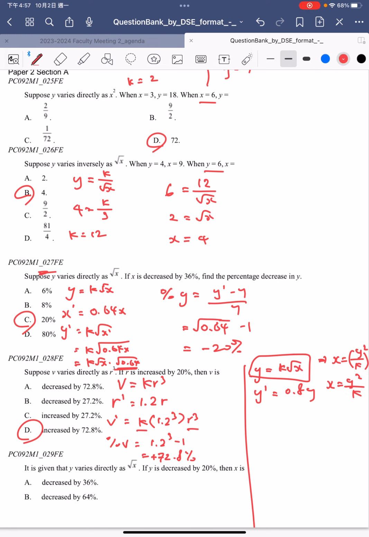The new x is equal to the new y squared divided by k, which is equal to 0.8 squared y squared over k. The y squared over k is a common factor, so the percentage change of x is equal to 0.8 squared minus 1, which gives negative 36%. So the answer is A, decreased by 36%, because the answer is negative.